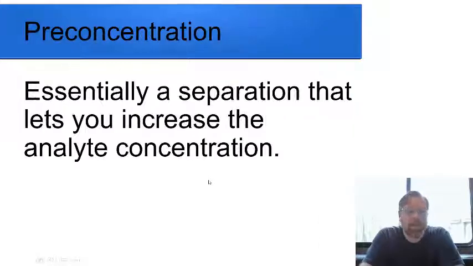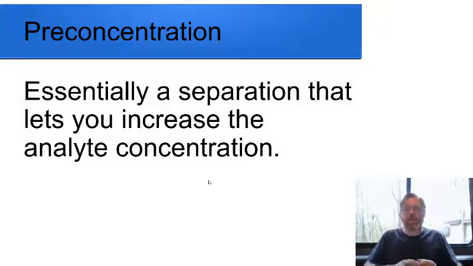All right. Finally, we have pre-concentration, which is basically a separation technique that lets you increase the analyte concentration. So if we're moving the analyte from one phase to another, and the phase we're moving it to has a lower volume than the phase we're moving it from, then we're increasing the concentration.